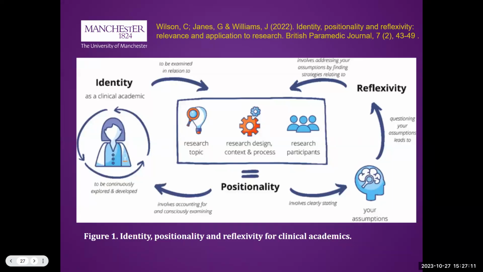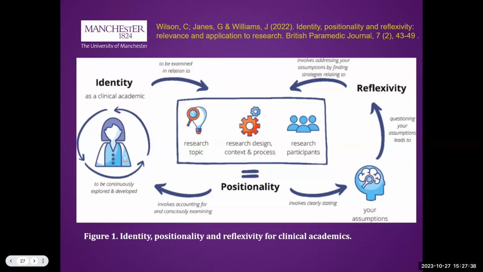So the idea then that reflexivity is a process that is undertaken throughout the research, is a process that helps us to question our assumptions as people who are shaping research and who are being shaped by research. We have seen the idea of this mutual shaping influence last week.